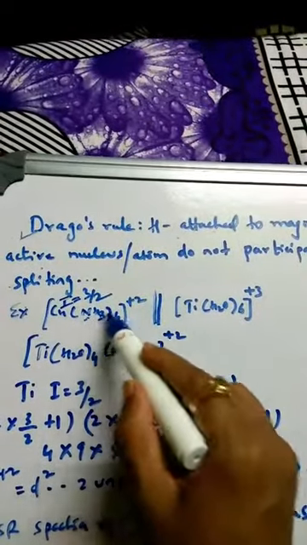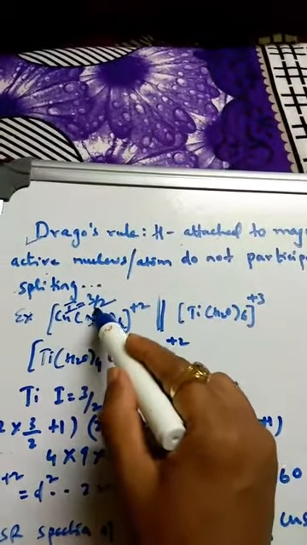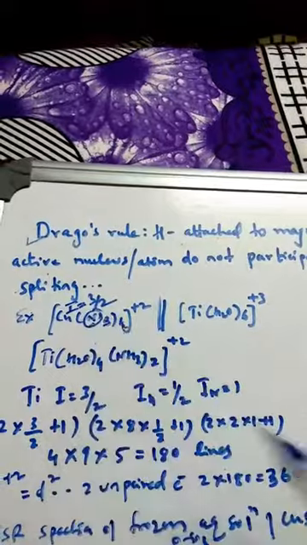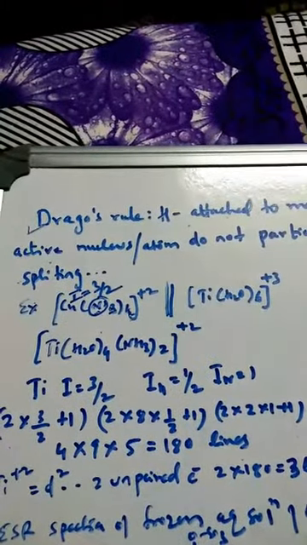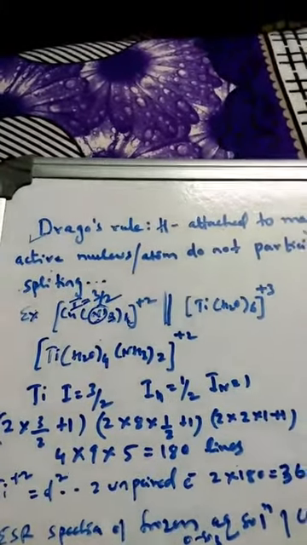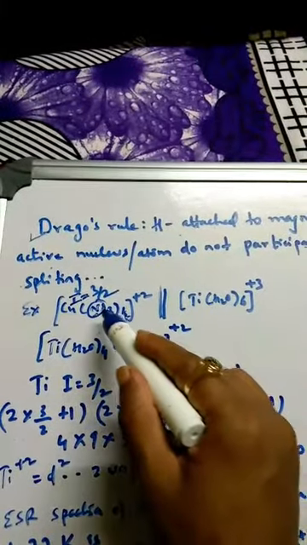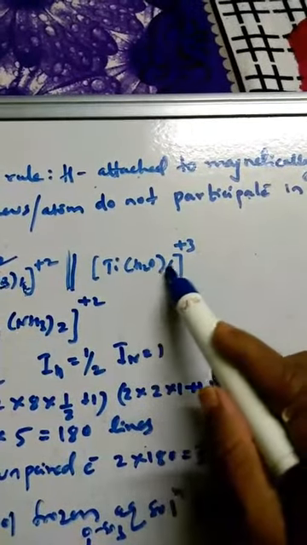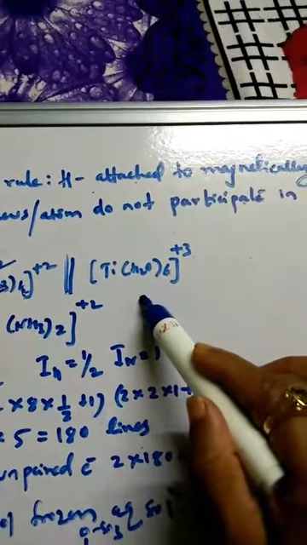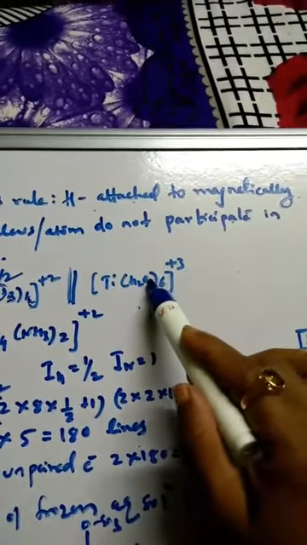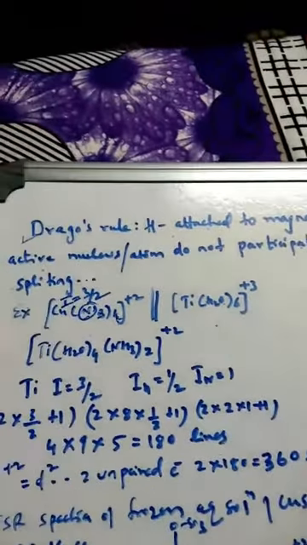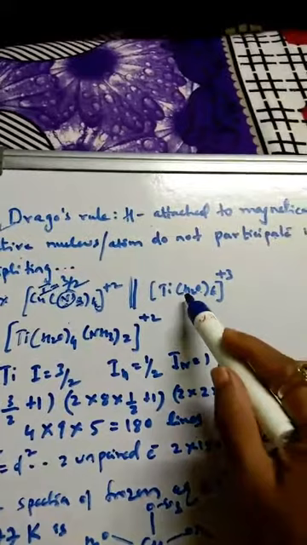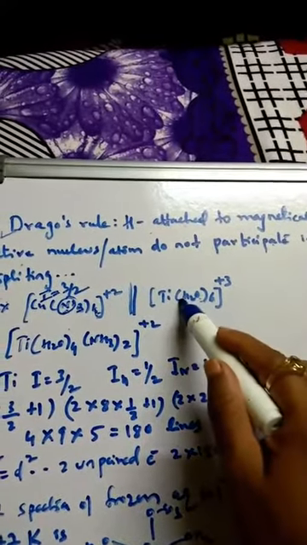So here the hydrogen will not participate, because this is a magnetically active nucleus. While in titanium hexaaqua, the 12 hydrogens definitely participate because oxygen is a magnetically inactive nucleus.